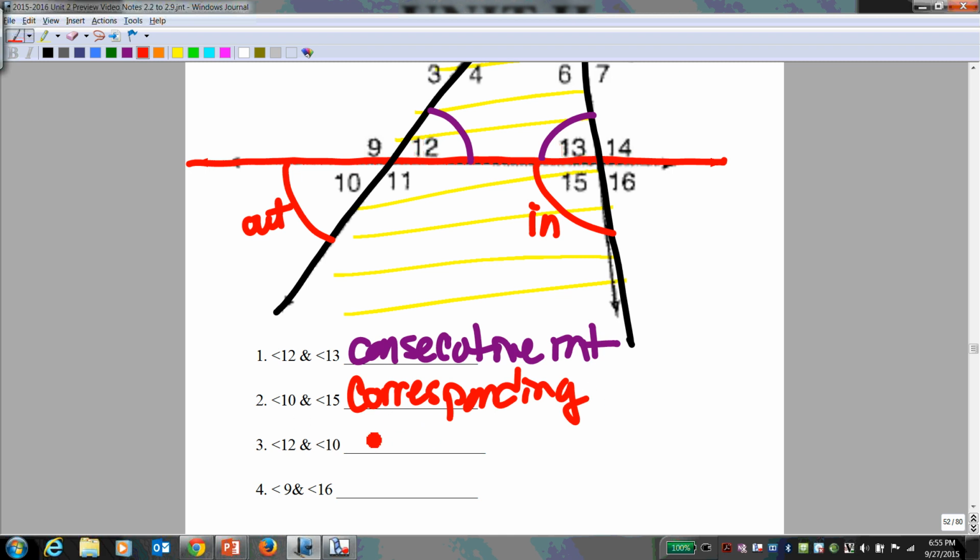How about 12 and 10? Trace the straight lines. Watch out, 12 and 10, they are vertical. Bow tie angles. X-wing fighter angles, cat whiskers, 12 and 10 are vertical angles.